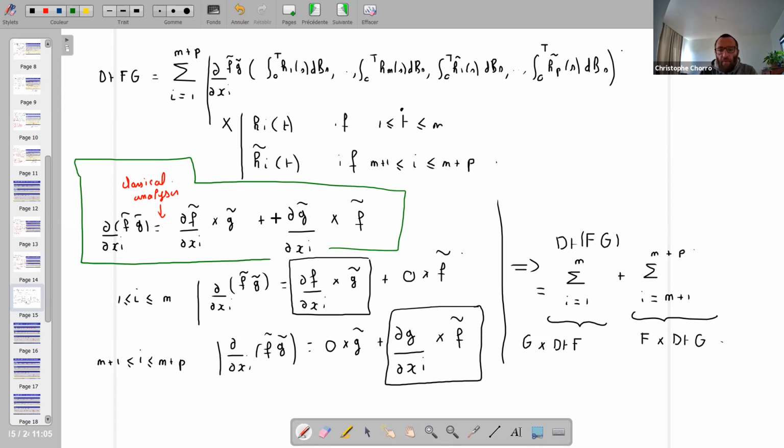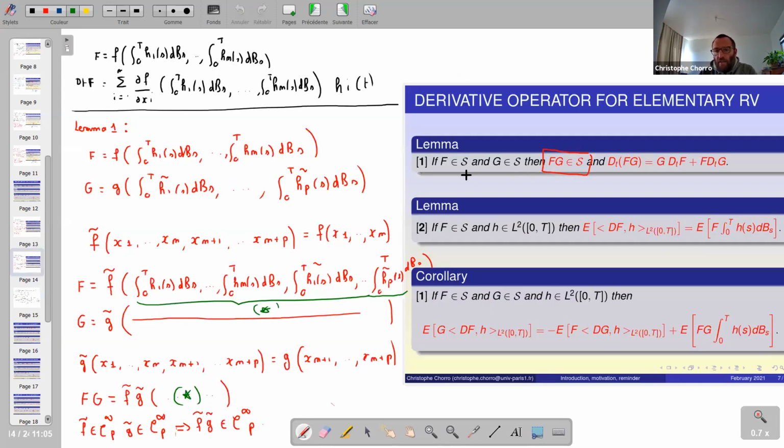And using this basic argument, and then just after handling notation, I obtain from the formula concerning the partial derivative of a product in the classical sense the lemma 1, which tells me that if I have two elementary random variables, the product is an elementary random variable, and that the derivative of the product fulfills the classical formula. And here it's something that is important, because keep in mind what I reminded in the previous session: what is an integration by part formula?